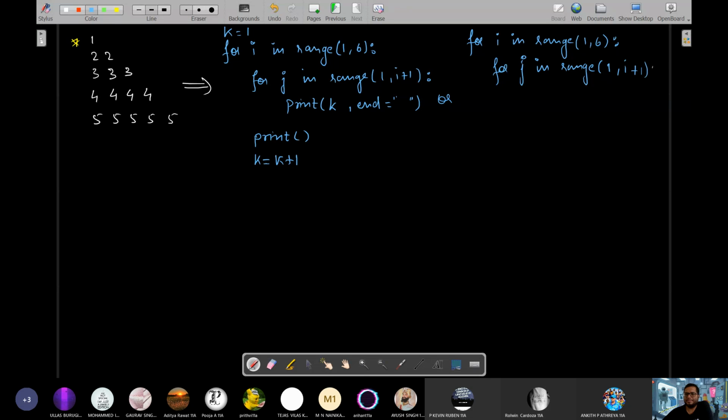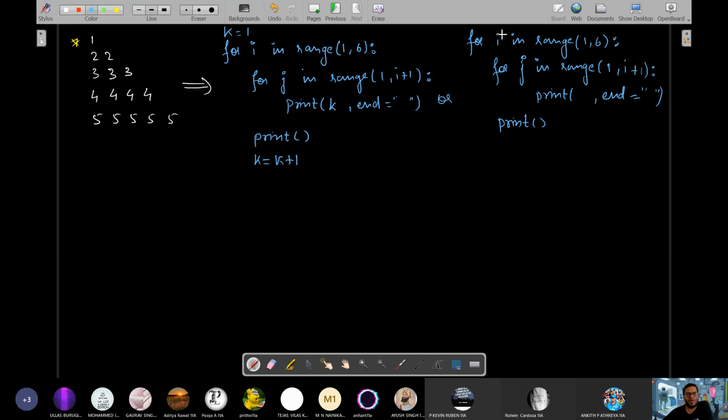Outer structure will be same. You will observe one thing here, that whatever is being generated in each row, that number is same as the value of row number.